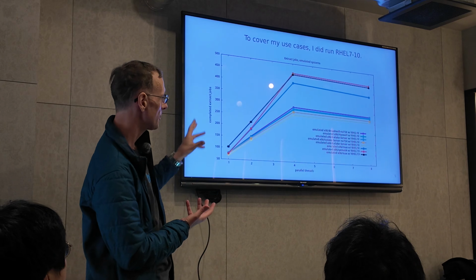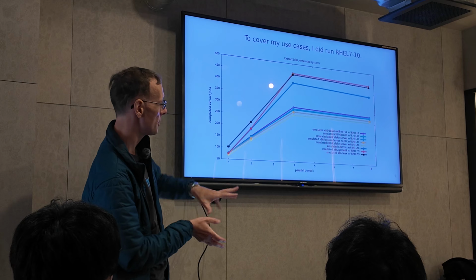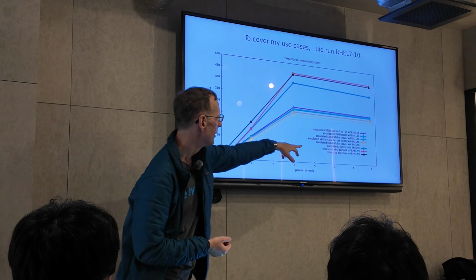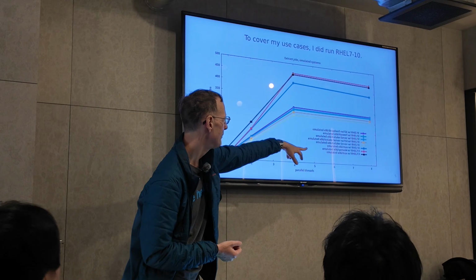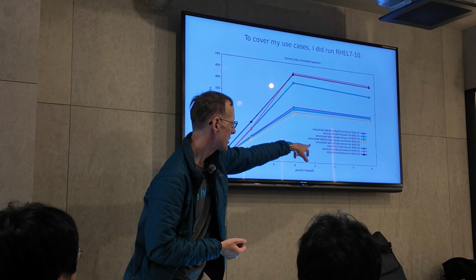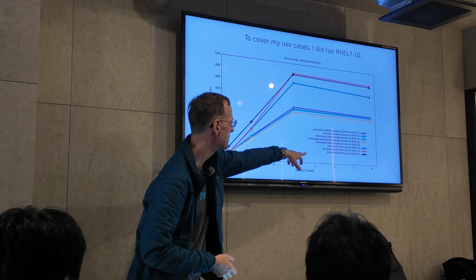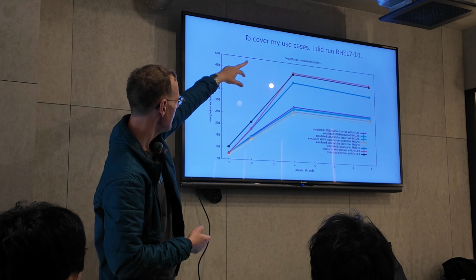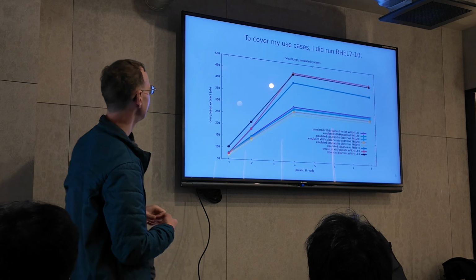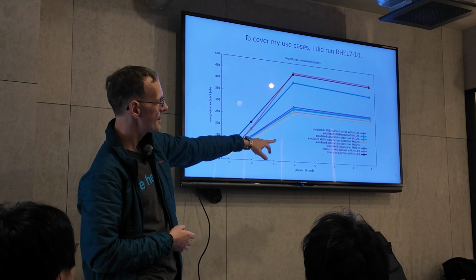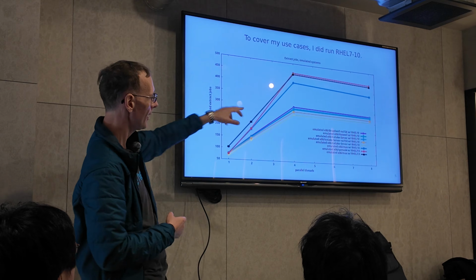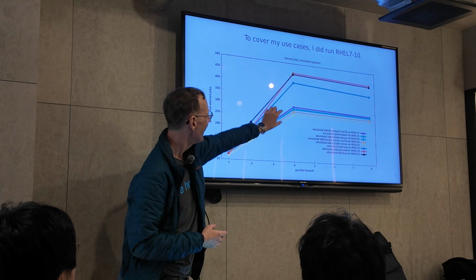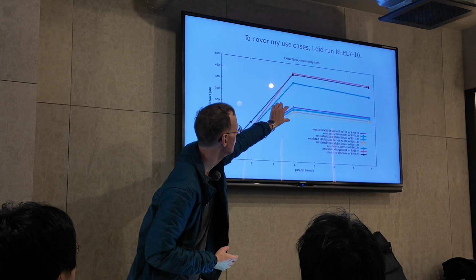And then I was also running RHEL 7 with an emulated QEMU CPU option, and another one. And when we look at the numbers here, actually, the 2 variants with RHEL 7 are at the top, and the RHEL 10 variants are here.